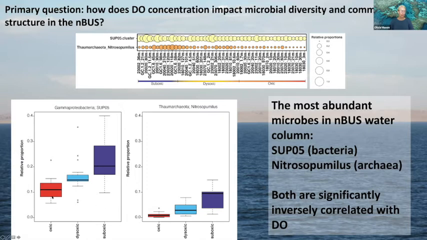If we plot the abundance across that oxygen gradient, you can see that SUP05 is always very abundant, but its abundance increases with decreasing oxygen concentrations and reaches a maximum in these suboxic samples. Nitrosopumilus, this archaea, is not as abundant as SUP05, but it shows the same trend, right? Lower abundances with oxic conditions, and then the abundance increases as you go across that oxygen gradient.